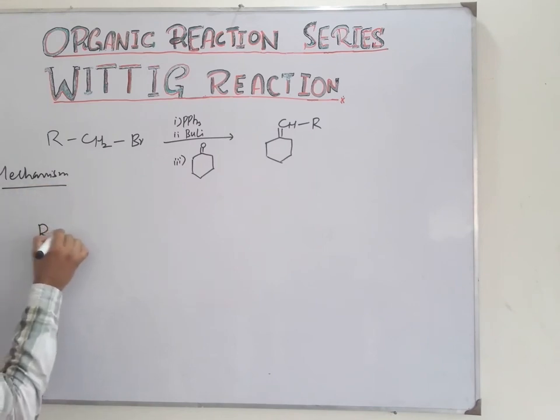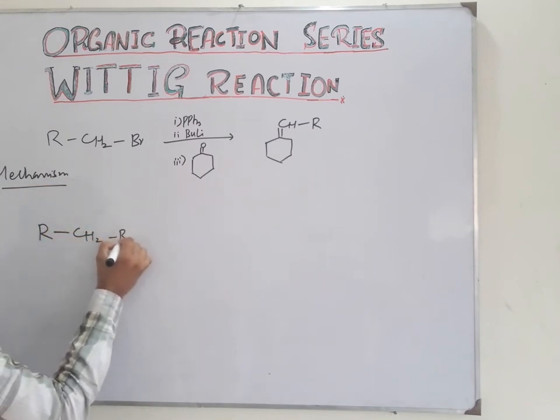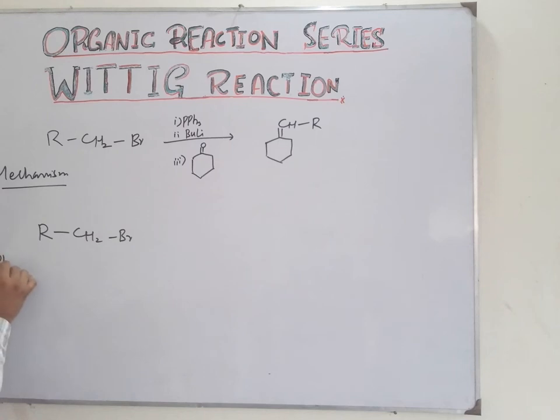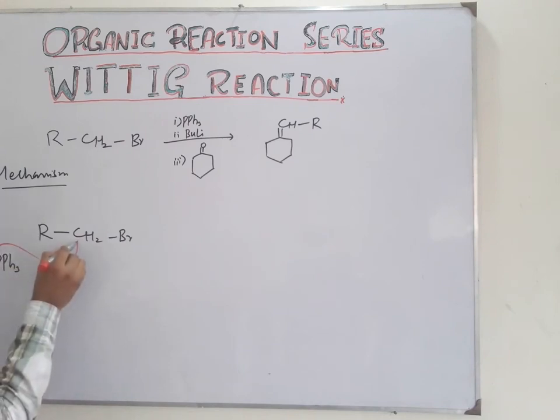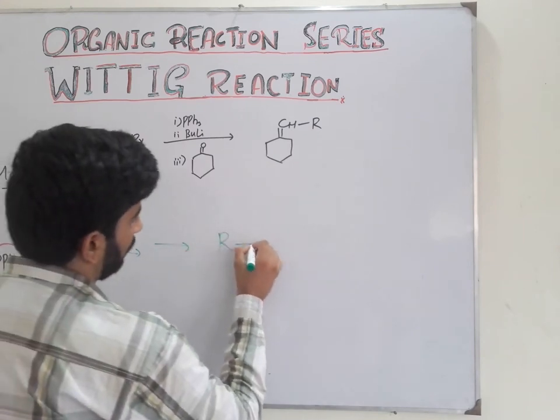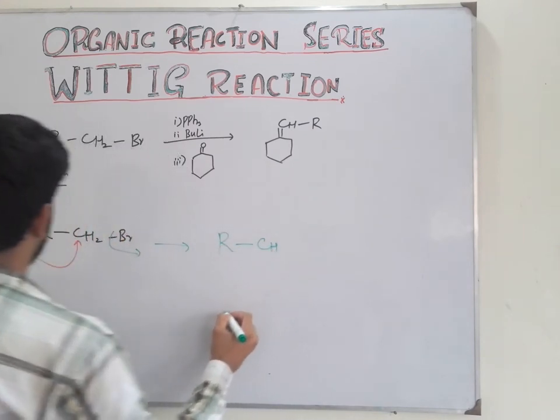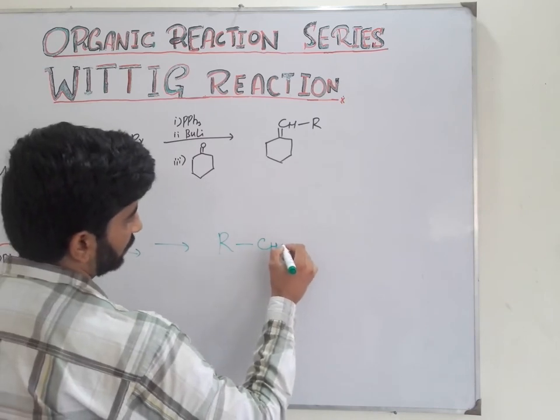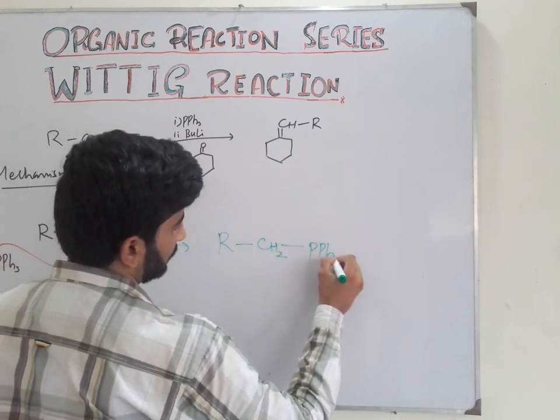For example, we have CH2Br, that is a 1-degree alkyl halide. Triphenyl phosphine attacks the electrophilic center, and this bromide is eliminated, and there is formation of CH2PPh3.